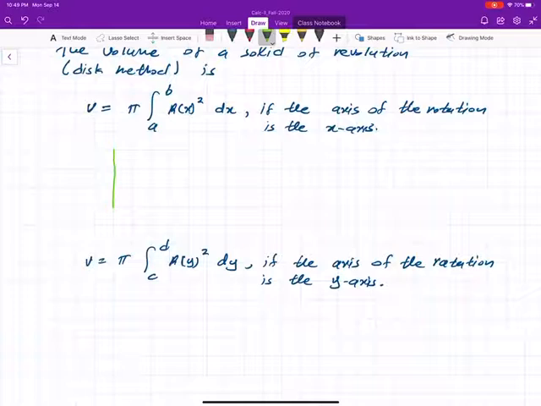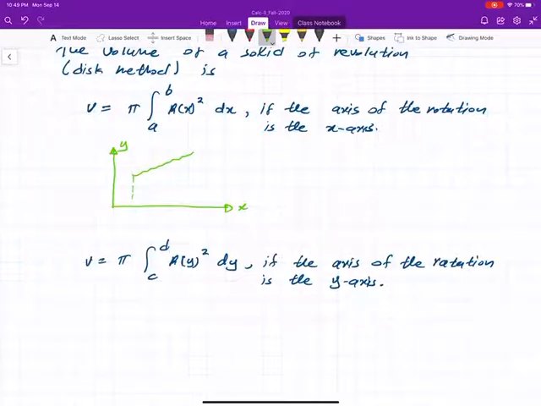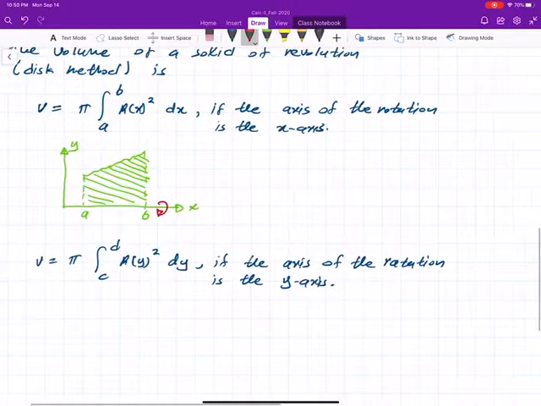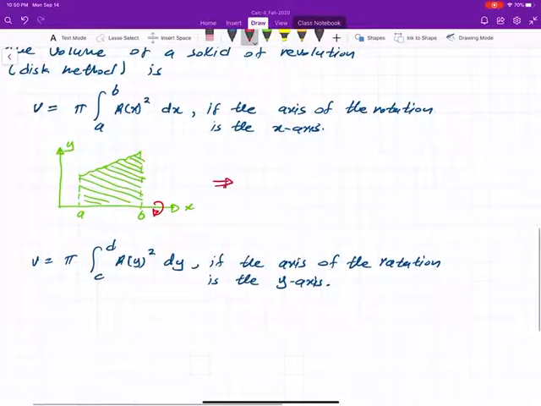Let's say this is y, and let's say that is x. You have that curve from A to B. Let's say you rotate this one about the x-axis, and then what you get is something like this.